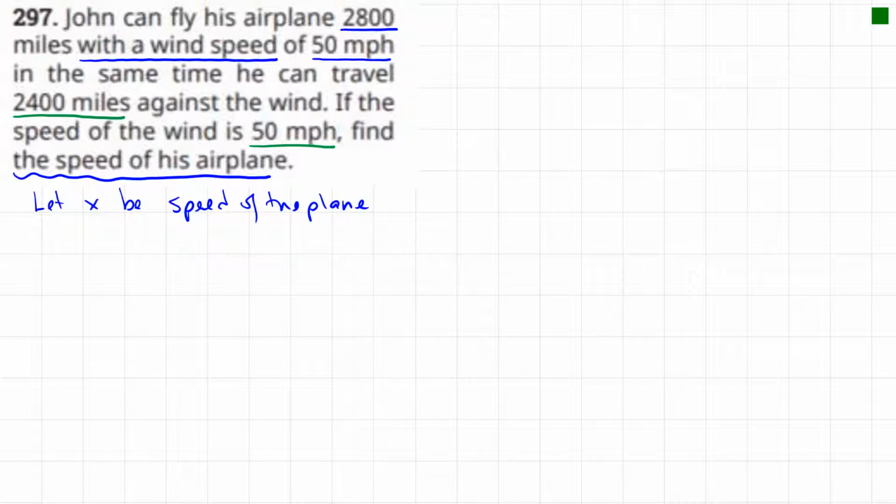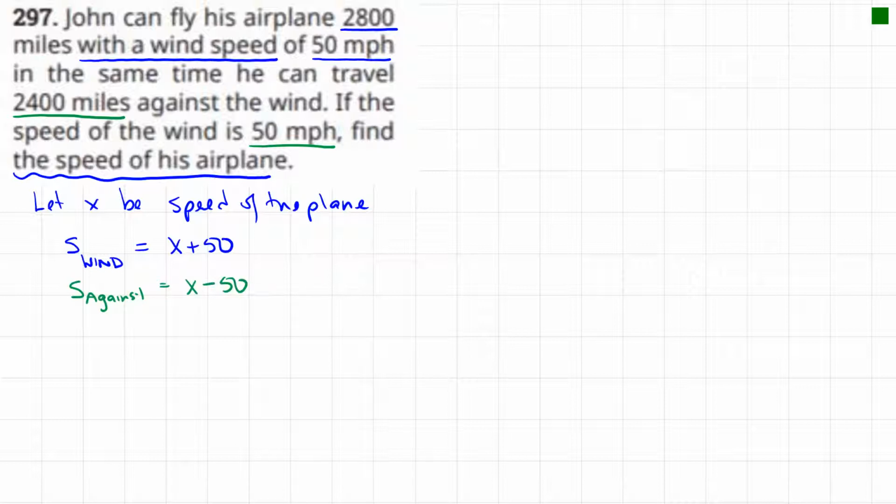So that means on the outward bound, which is with the wind, the speed with the wind will be x plus 50, and the speed against the wind will be x minus 50.